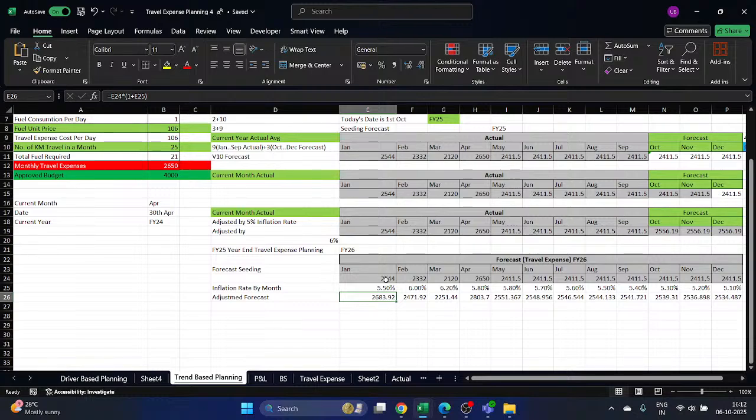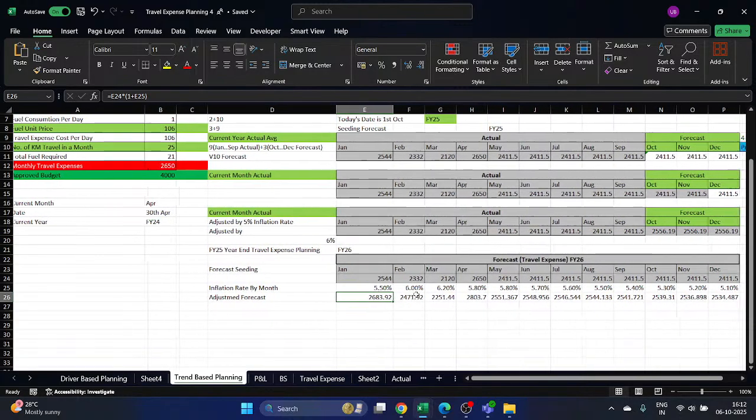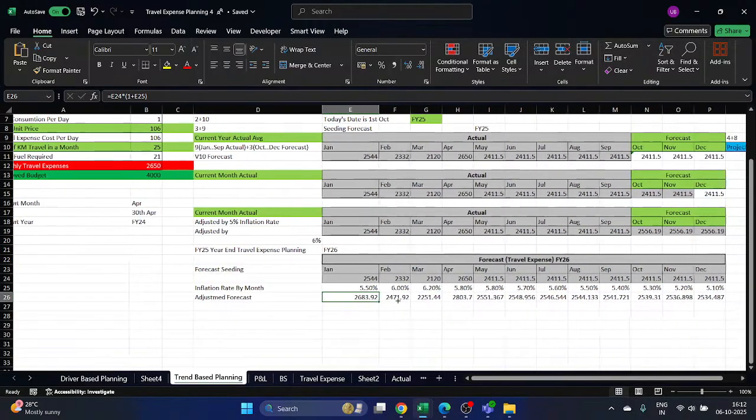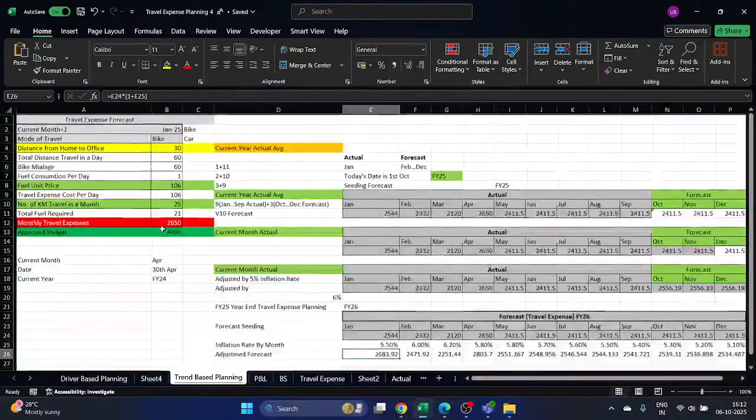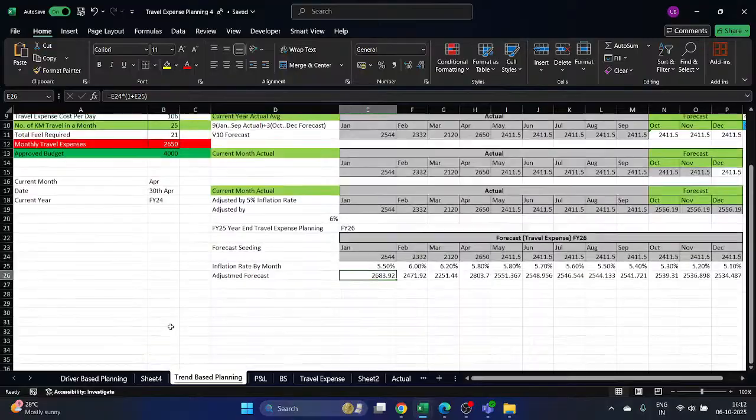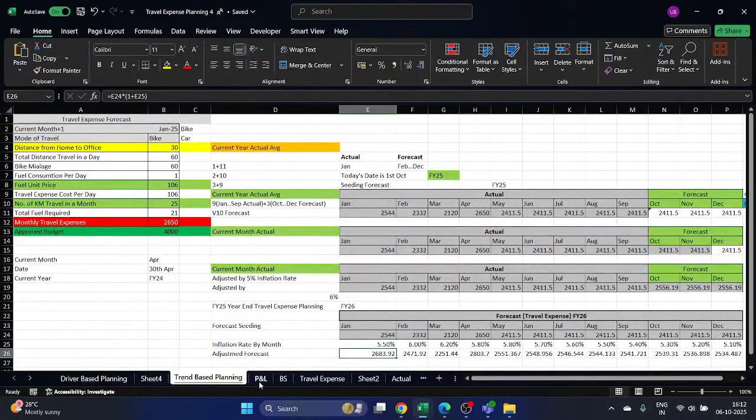The actual amount of January month is 2544, and we use the formula 2544 multiplied by 1 plus inflation rate, using the actual inflation rate which is here. Then the resultant figure comes into the picture. That is how we can do this.